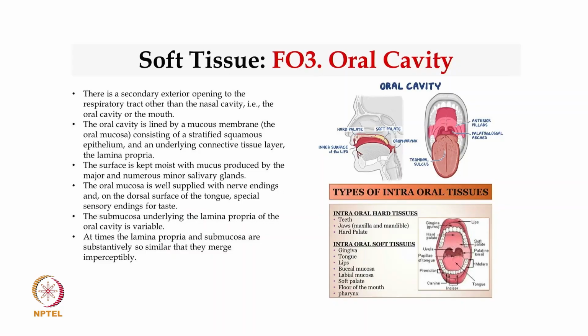Then you have the palatine tonsils. Tonsils have very unique properties, and they will be discussed here as part of the organs as well. Then you have the papillae of the tongue, and then you have certain teeth, which are of course not soft tissues. Most of these teeth could be considered hard tissues.